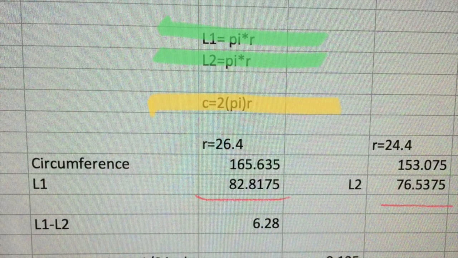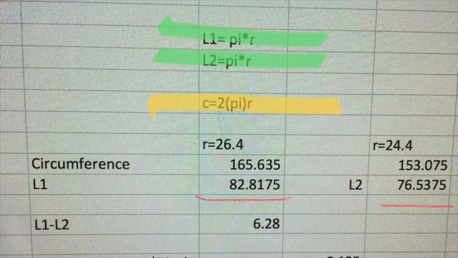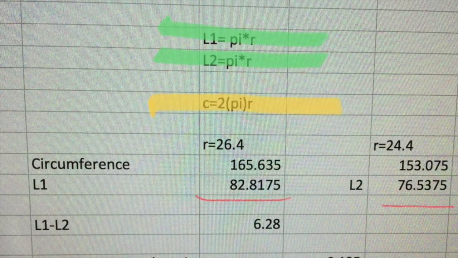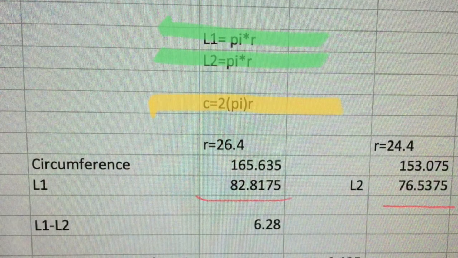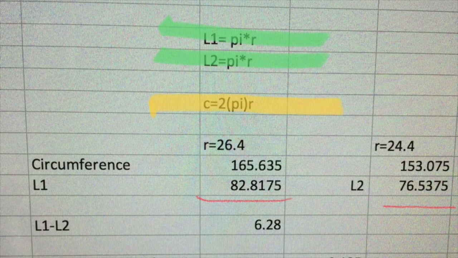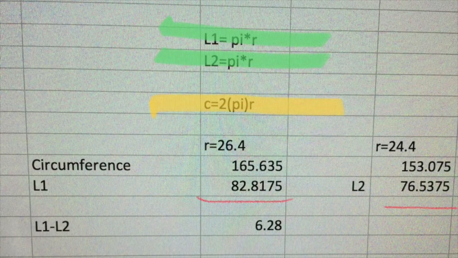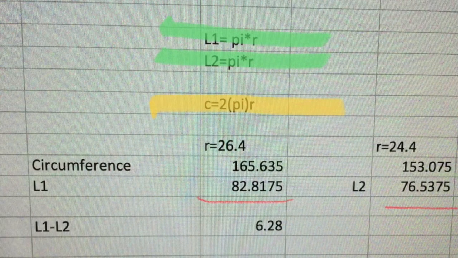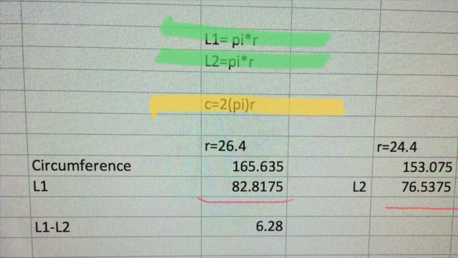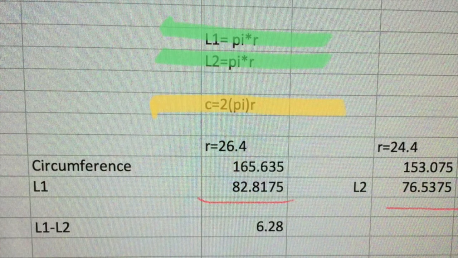Plug those into the formulas for L1 and L2, and you can see that L1's length is 82.8 and L2's length is 76.5 inches. You can ignore the circumference values there because we're calculating an arch, not circles.